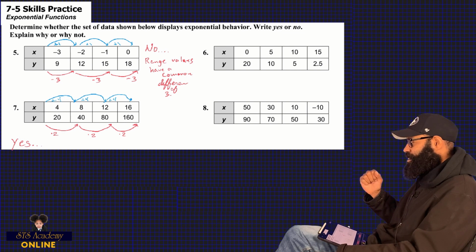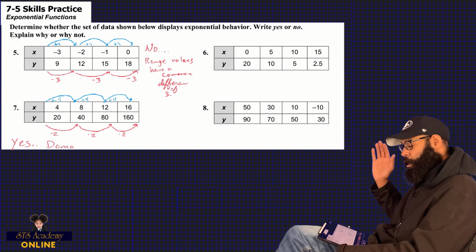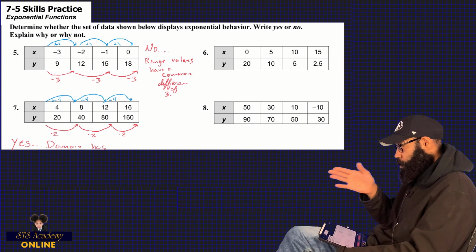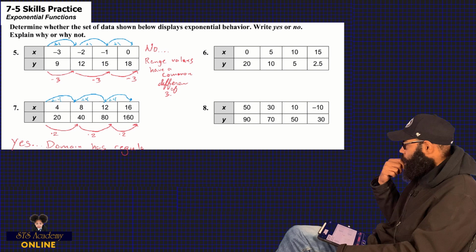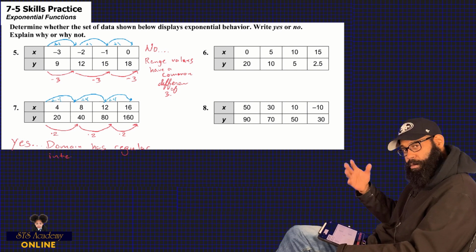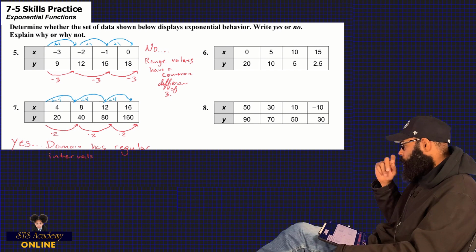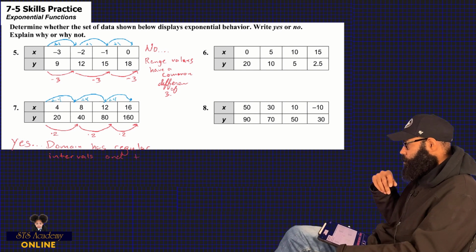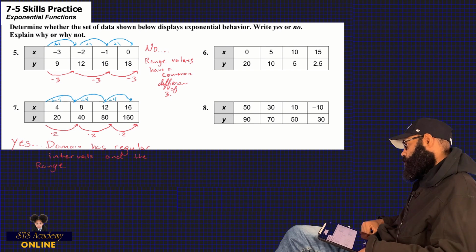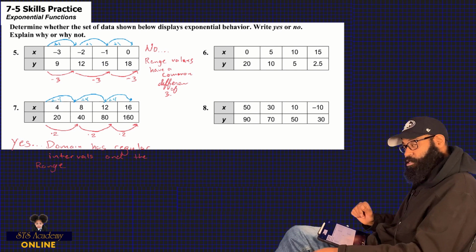So yes, because the pattern in the x value, or domain, right? So here it is. Yes, the domain has a regular pattern of adding 4. Now the range, I guess I can say it better than that, regular intervals, and the range, right?